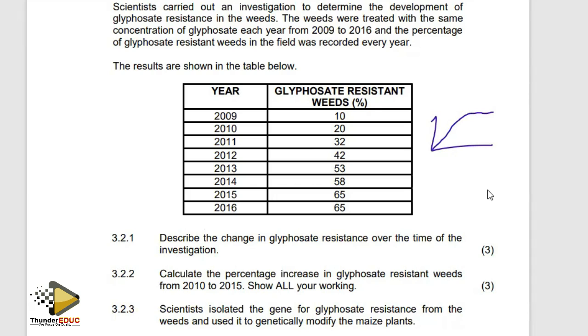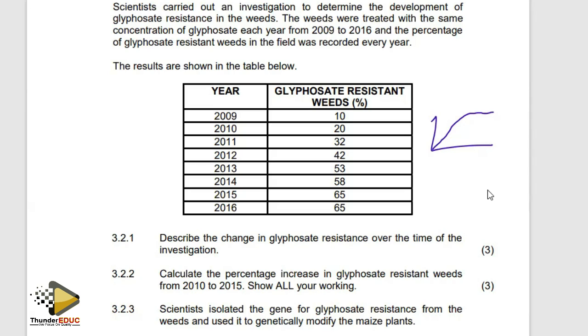So there is an increase from 2009 to 2015. There is a steady increase in the resistance of the weed to the herbicide, and then it remained constant between 2015 and 2016.